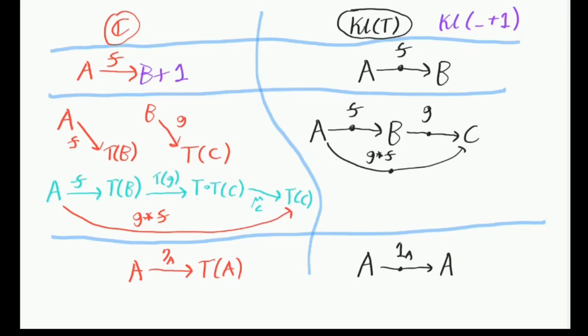It might output the value in this terminal object, this singleton set that we've tacked on to the end of B. And so now we can see that a Kleisli arrow from A to B, when we're working with the maybe monad, basically corresponds to a function from A to B with side effects, a function with the possibility of outputting an error.